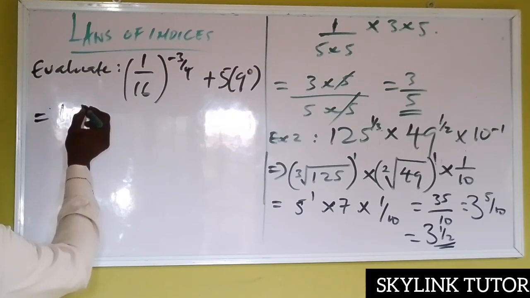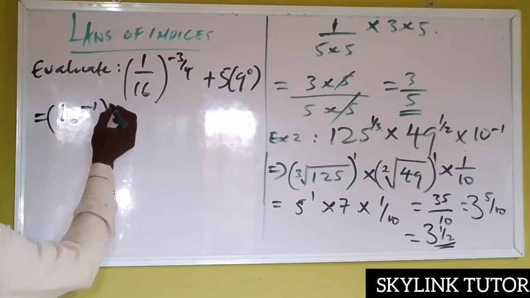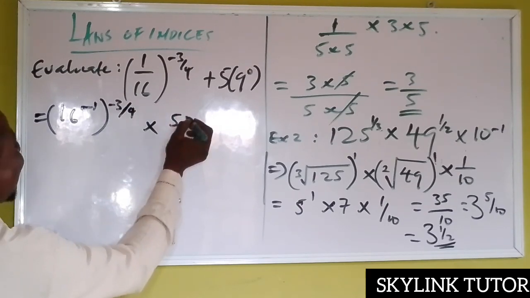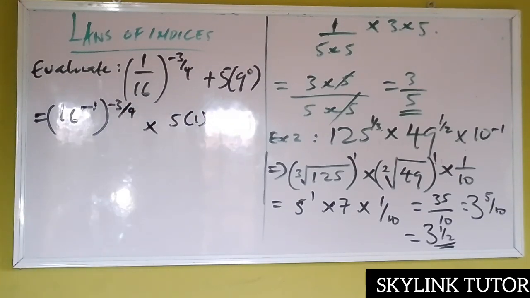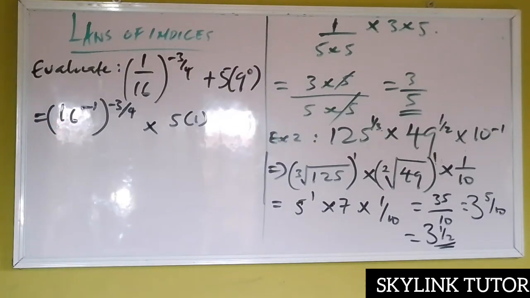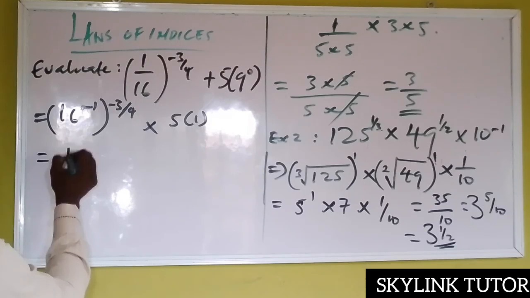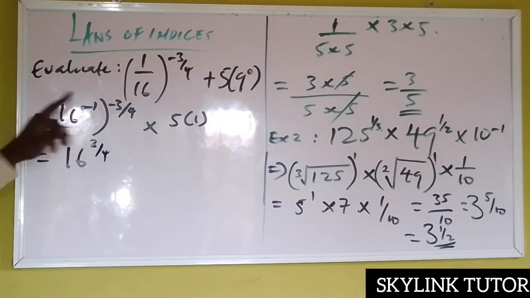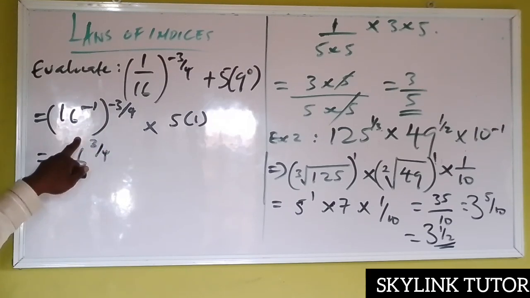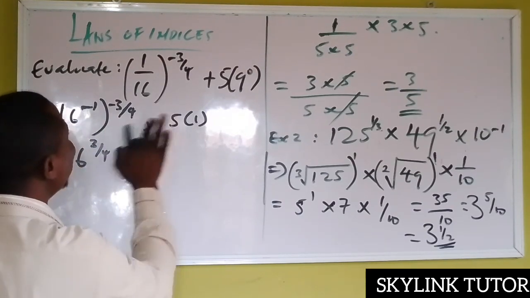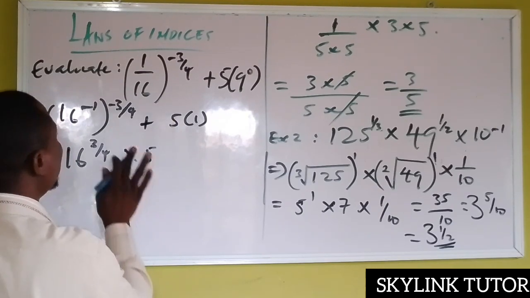16 raised to power minus 1 raised to power minus 3 over 4, times 5 times 1, because any number raised to the power of 0 is 1. So we will now have 16 raised to power 3 over 4, because minus 1 times minus gives us plus. Then plus 5, it's plus that is there now, not times.